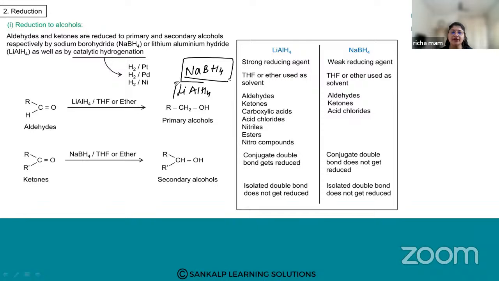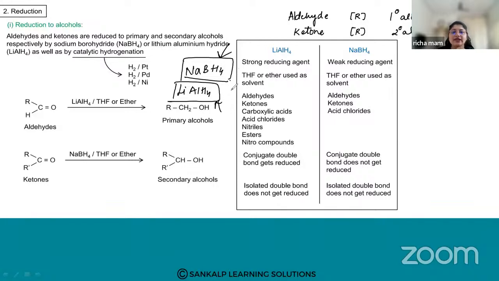These are the two reducing agents which can be used in reduction of aldehydes and ketones. If you have an aldehyde and you do reduction, you get a primary alcohol, and when you have a ketone and you do a reduction on this, you get a secondary alcohol.